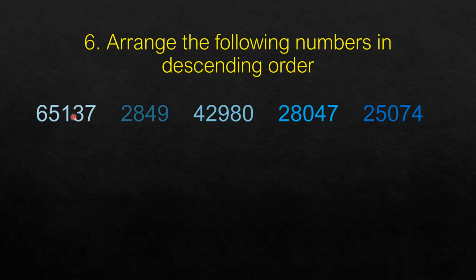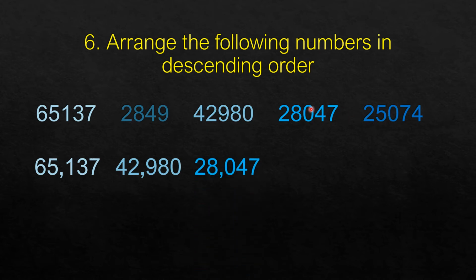So of course this is the first greatest number here. We write that first. Now here 42,980 is the greatest. Next one is this number. Then 25,074 is the next greatest. Next one 2,849.